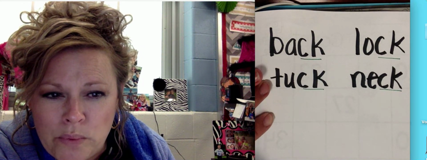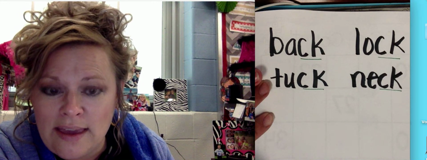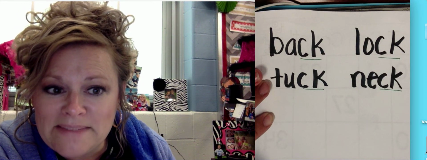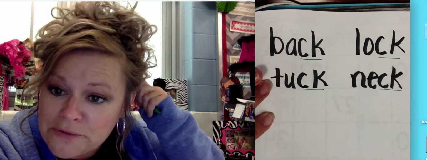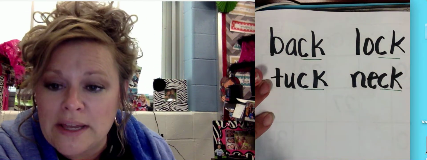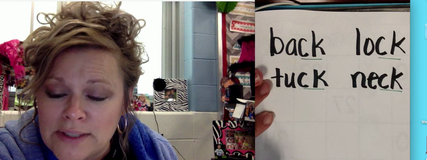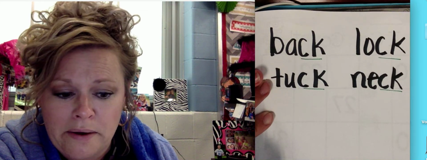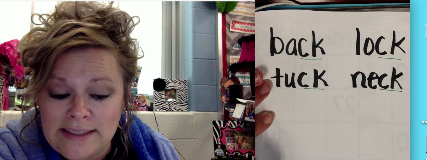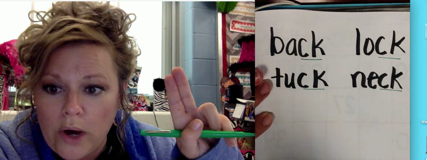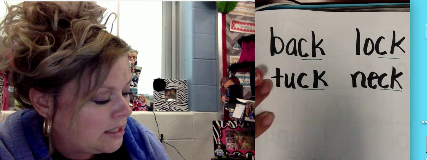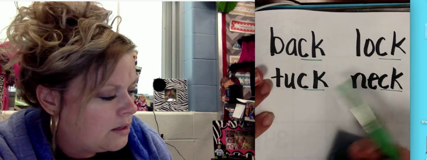Does anyone know what kind of sound a CK is? A CK is a digraph. Now, digraphs are different than blends. Blends are two letters that go together. You can still hear their sounds. They just blend real smoothly together. But a digraph is two letters that go together to make one sound. So you don't hear k, k, k.